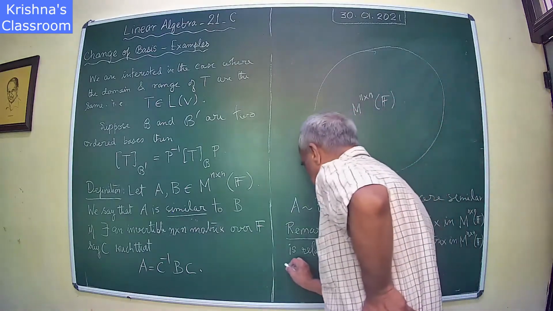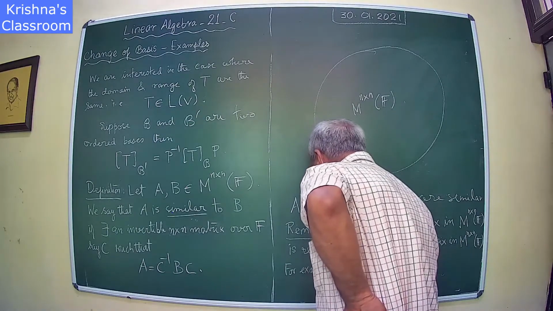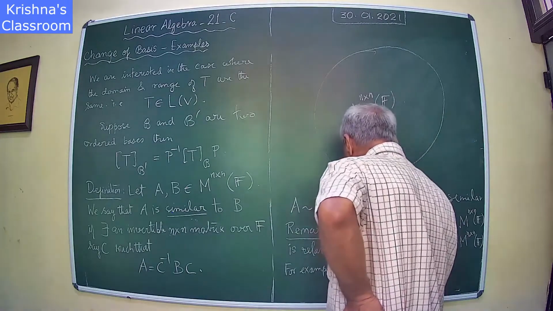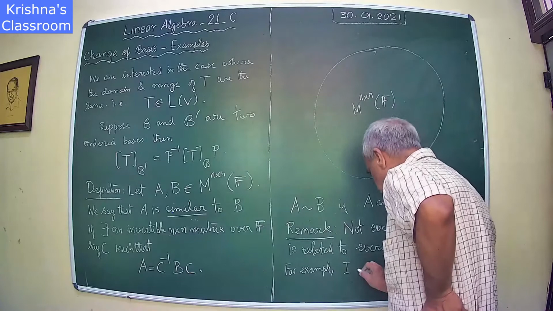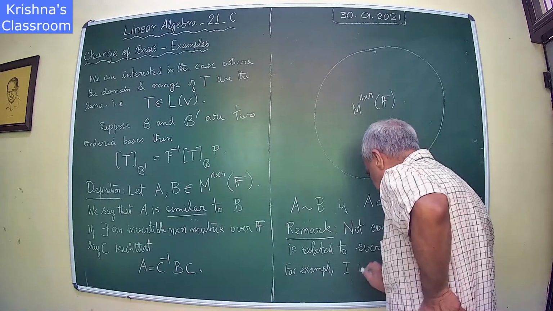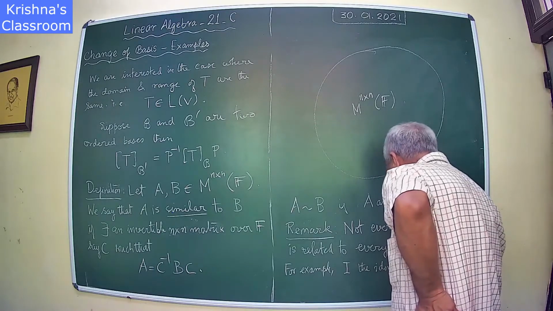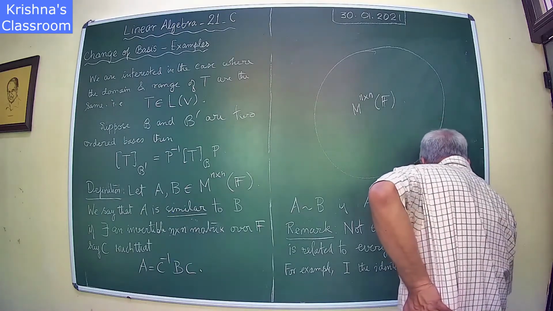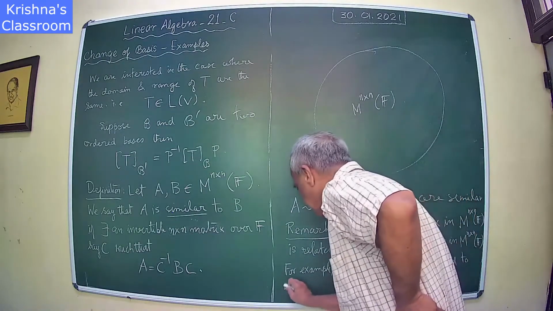For example, the identity I is related to only itself.